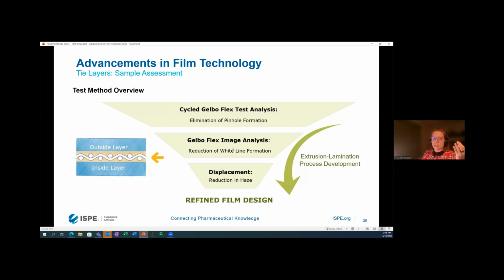And that helped us narrow down our selection. And then finally, a displacement test was used when we were at the limits of our image analysis test to examine and minimize haze, which correlated to interlayer adhesion. And I will review each of these stages and discuss the analytical methods and the outcome in the next few slides.